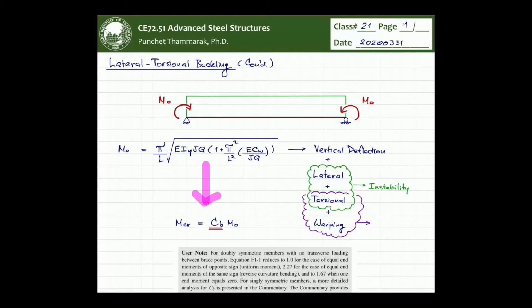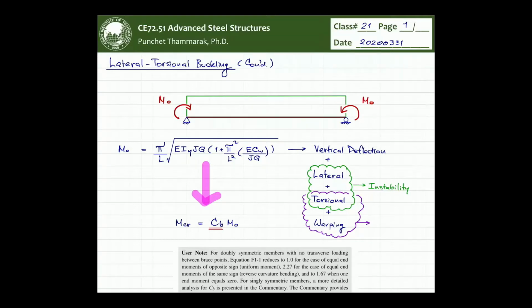So the buckling was considered under this particular pattern of bending moment diagram. The reason for that is the simplicity in the differential equation. It is more convenient to solve the differential equation having the simplified bending moment diagram like so.